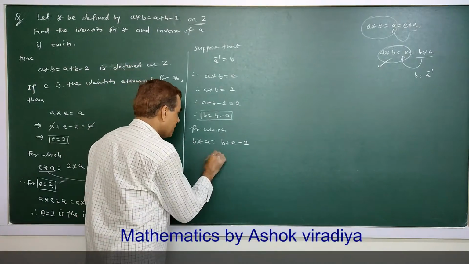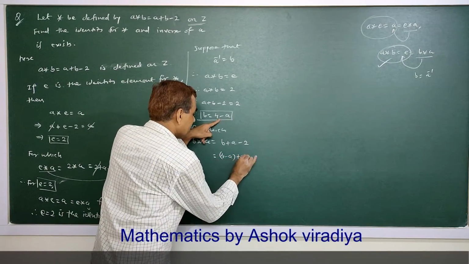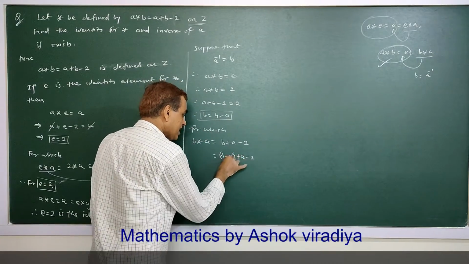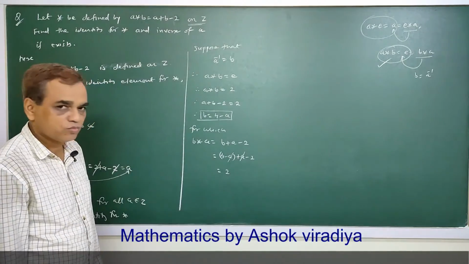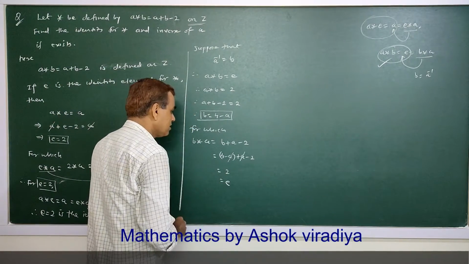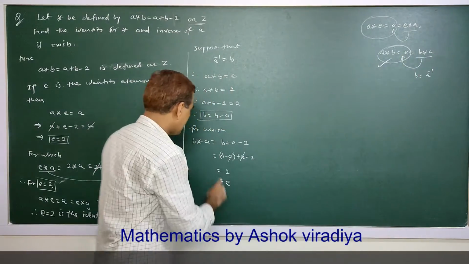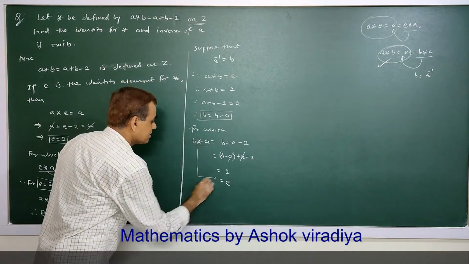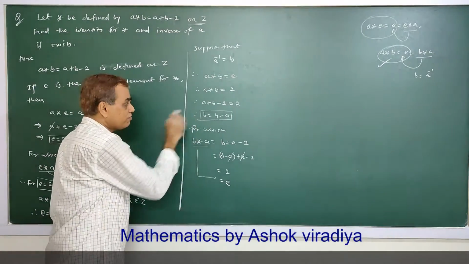Now B is 4 minus A, so 4 minus A plus A minus 2. Here A is cancelled, so what is obtained? 2, and 2 is E. So this is verified. B star A is E, and A star B is E for this value of B.